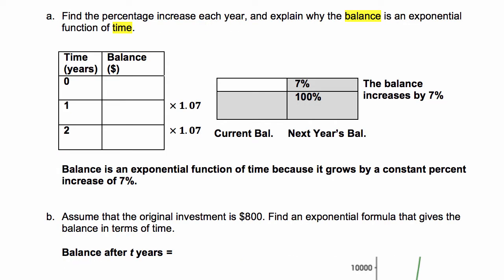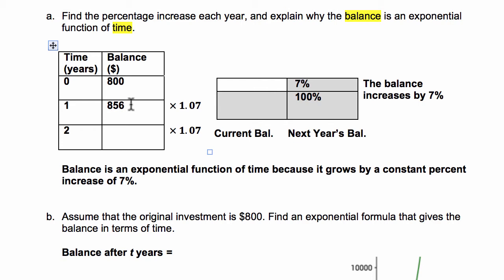Part B. Assume that the original investment is $800. Find an exponential formula that gives the balance in terms of time. Now that we know the initial value is $800, we can complete the table above. $800 corresponds to year 0. To get the balance that corresponds to year 1, we multiply $800 by 1.07.